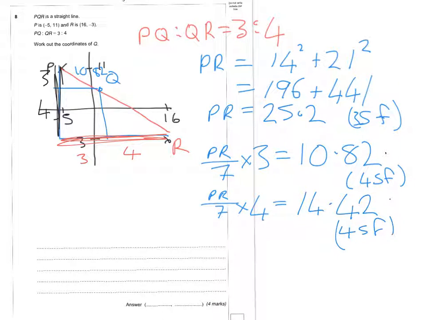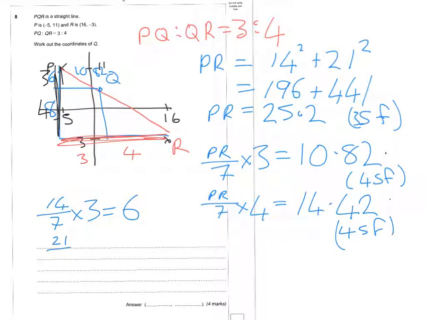Okay, so let's do that. We've got from 11 to negative 3 is 14. 14 divided by 7 times 3 equals 6. So I think that is 6 and that is 8.